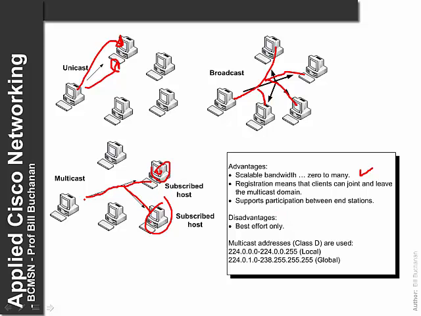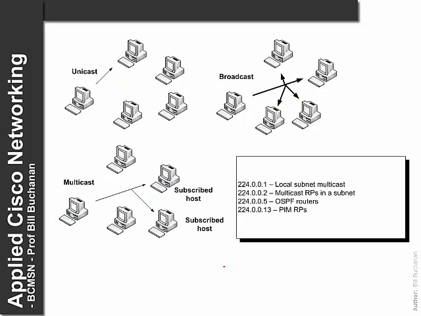We can have registration of our nodes onto a multicast message, and it supports the participation between a node and end hosts. Unfortunately, it only has a best effort delivery. Typically we use class D addresses, we have local addresses, and we can also have global addresses.